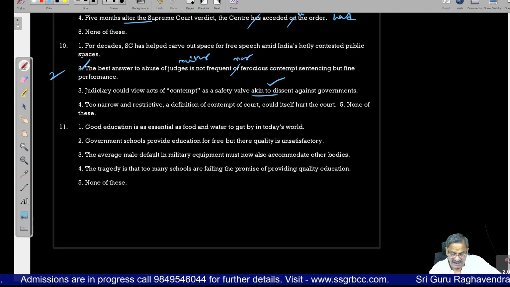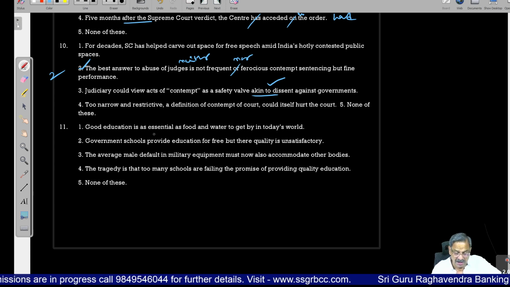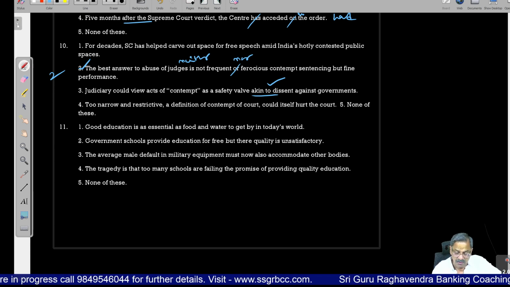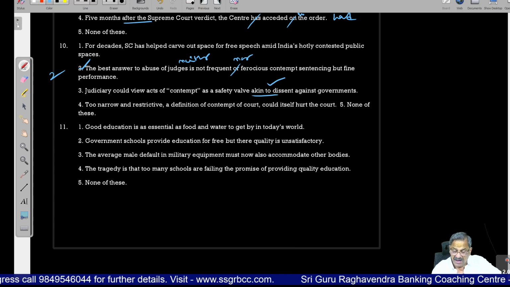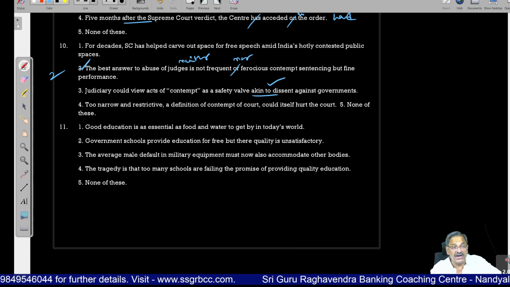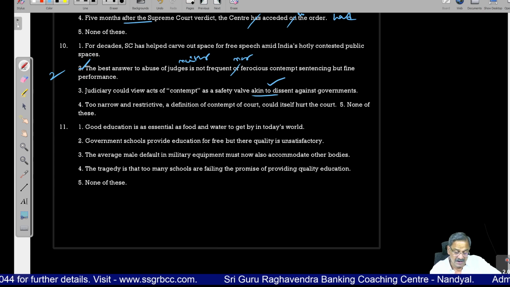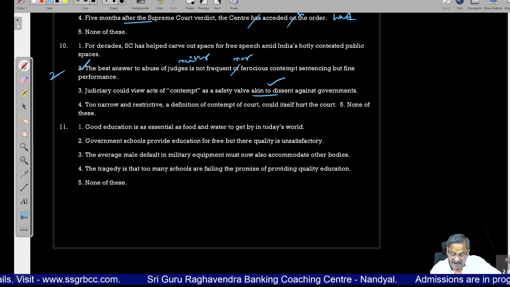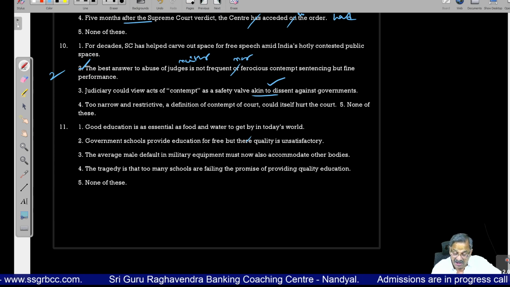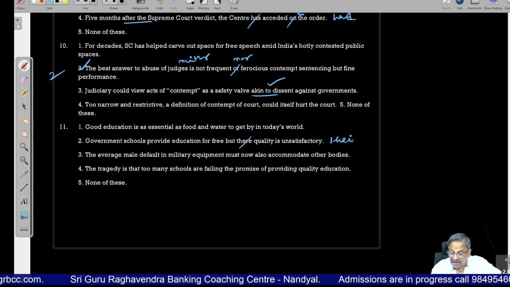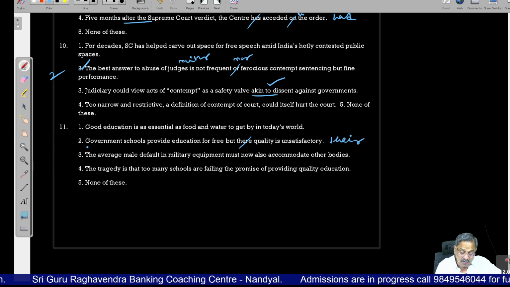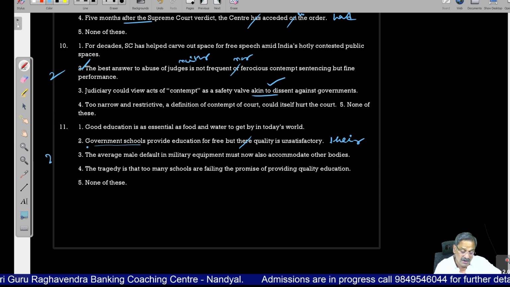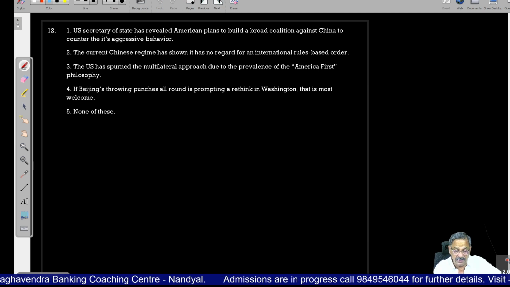Seems to be all correct. Good education, singular, is as essential as food and water to get by in today's world. Government schools provide education for free, but there, it should be their, plural pronoun. So the error is in the second part.